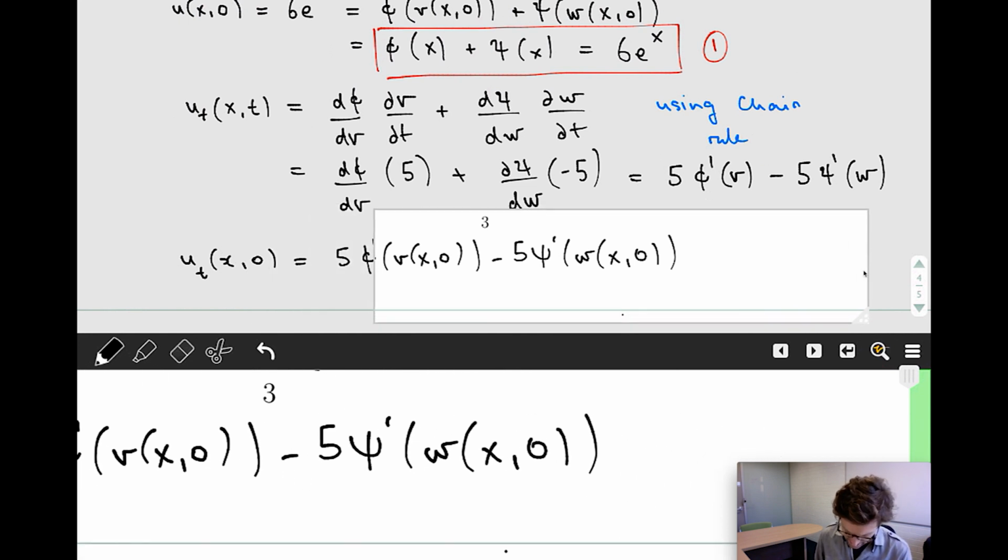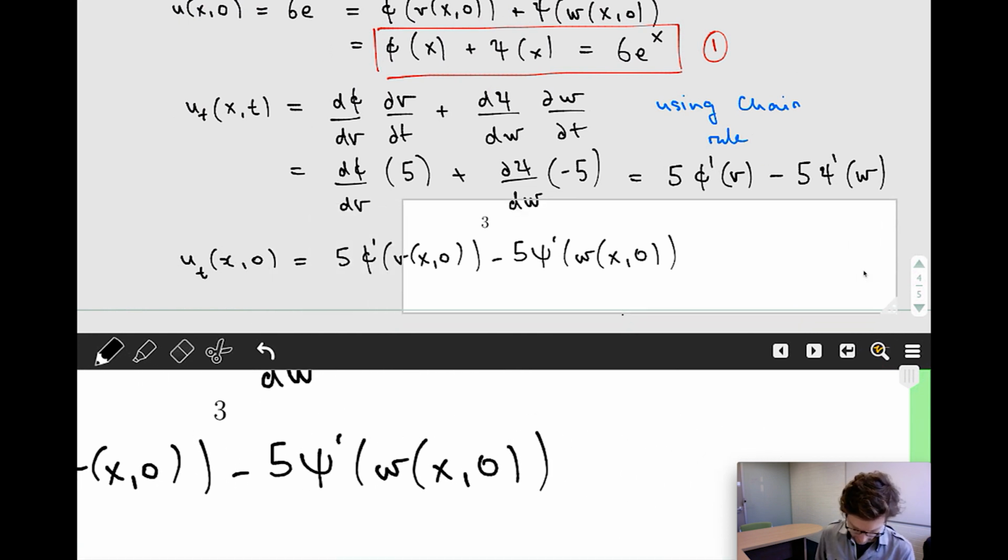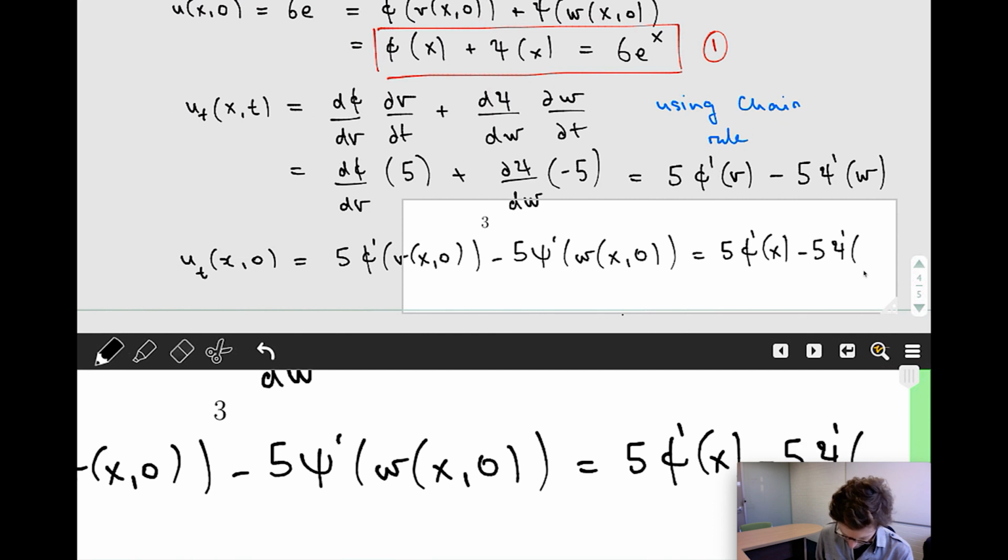And we've already seen that v when t is equal to 0 is just x, and w when t is equal to 0 is equal to x.